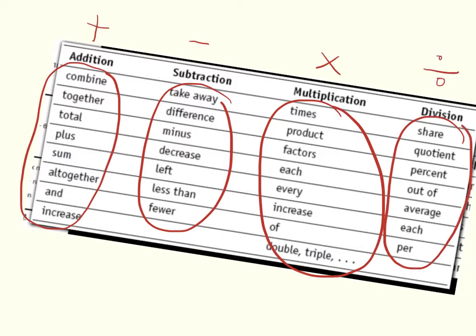Some you'll see quite frequently are sum, total, difference, or less than. For multiplication, you'll see things like times and product a lot, and for division, you'll see quotient a lot. So just keep this chart in mind. This might be a good slide to pause on and really understand this chart.